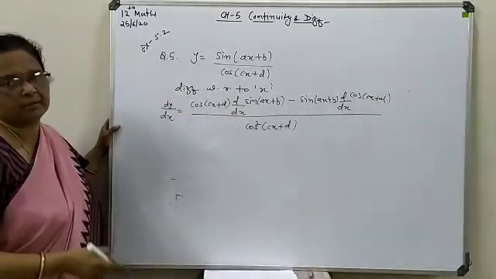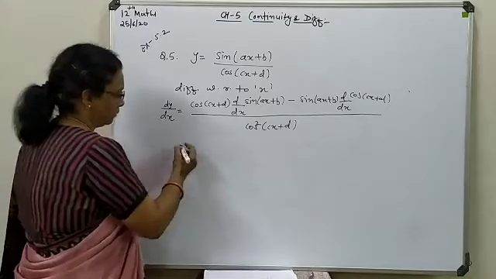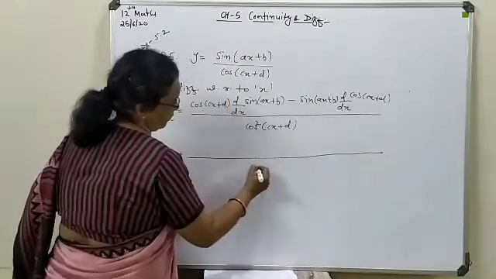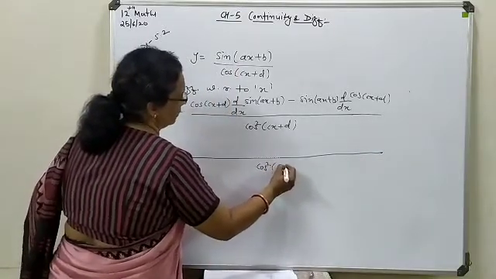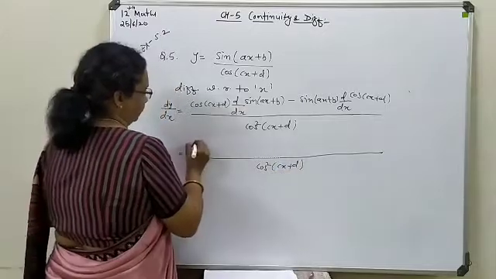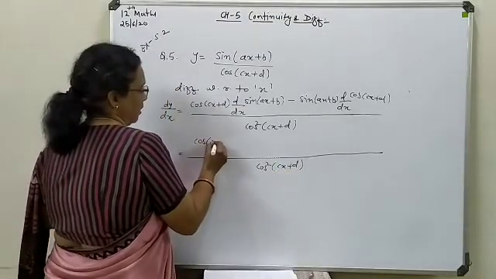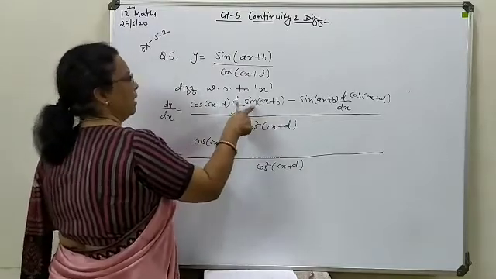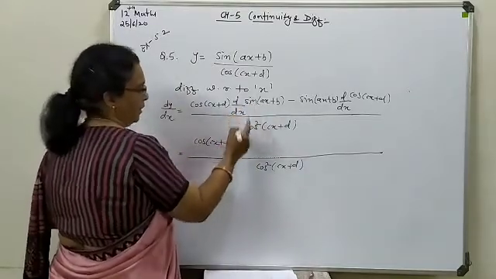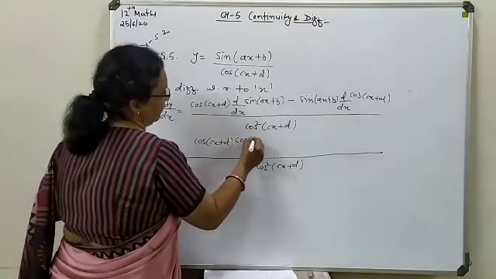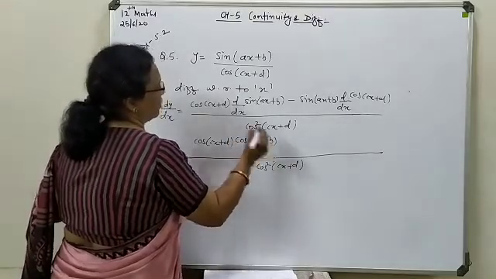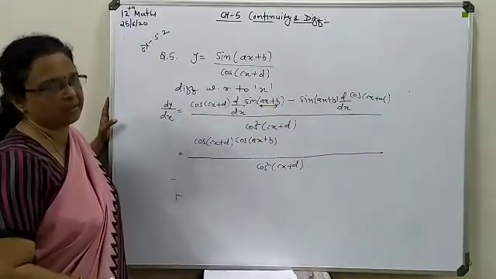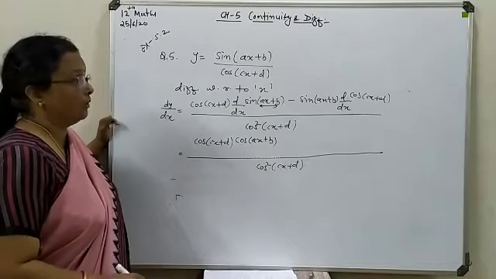Now we will write the respective derivation where it is required. Cos square(cx + d), this is cos(cx + d). Derivation of sin(ax + b): differentiation of sin is cos(ax + b). Here also you can see the angle form of sin(ax + b) is given, so for this ax also we will write the derivation.